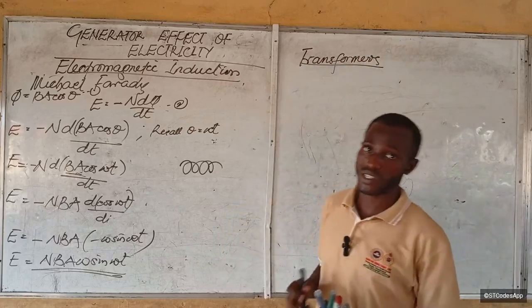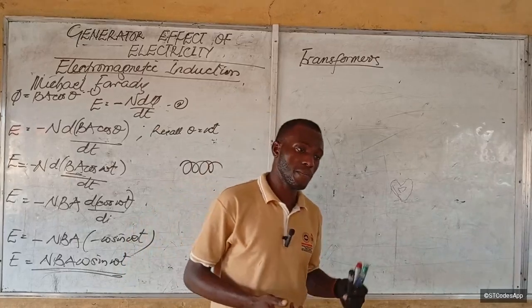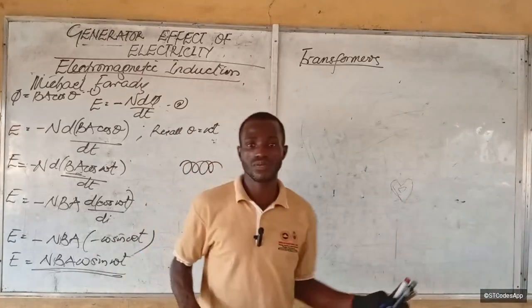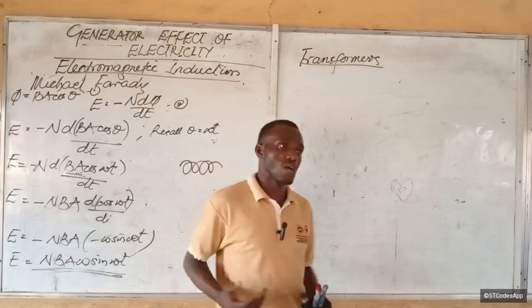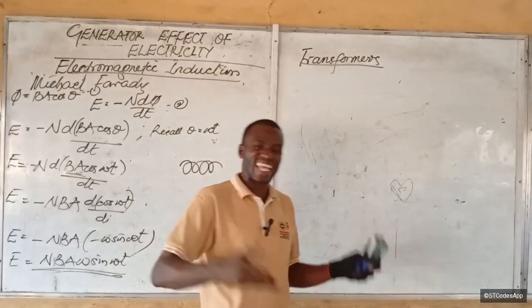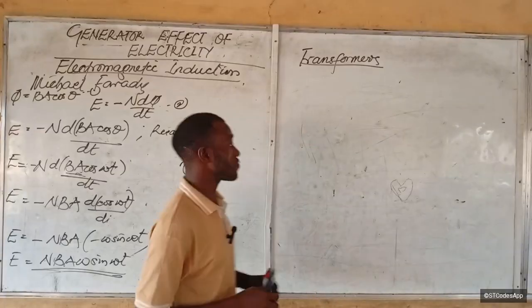So what are transformers? A transformer basically is a device that can either increase voltage or reduce voltage. So we say that it steps down voltage or steps up voltage.